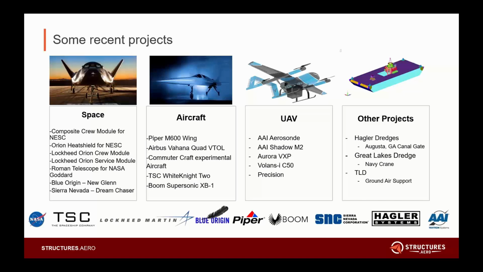And then we also do a lot of work for UAVs, including AAI's Aerosonde. We've also done some work in general for dredges and ground support systems for aircraft, but a wide range of structures that our company covers.